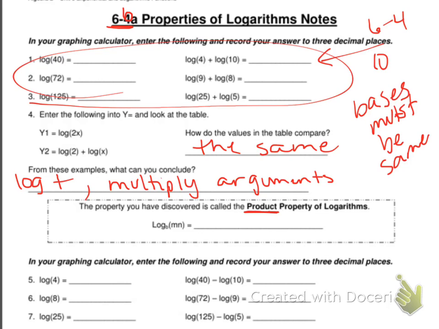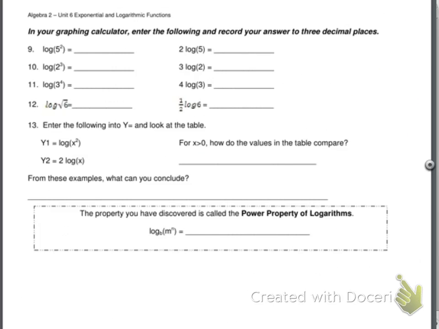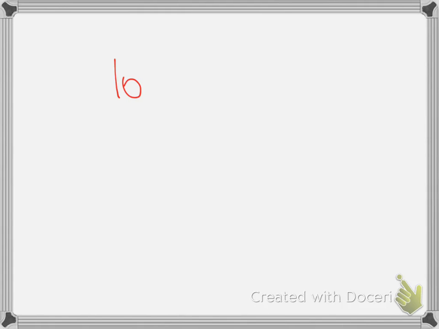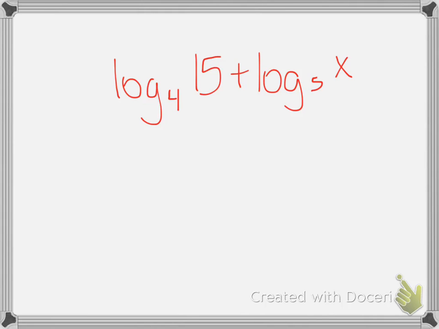The product property says that log base b of m plus log base b of n equals log base b of m times n. So you can just multiply those two numbers together, and that is one of the properties. An example of this might be log base 4 of 15 plus log base 4 of x.